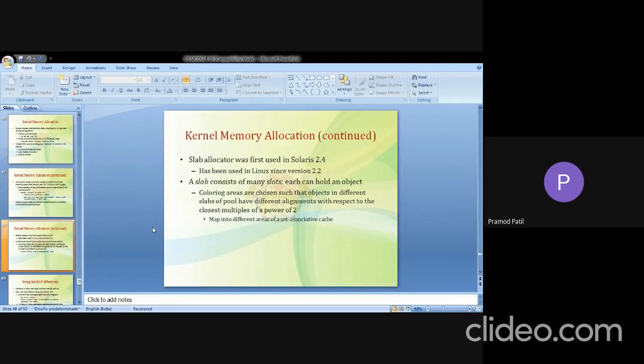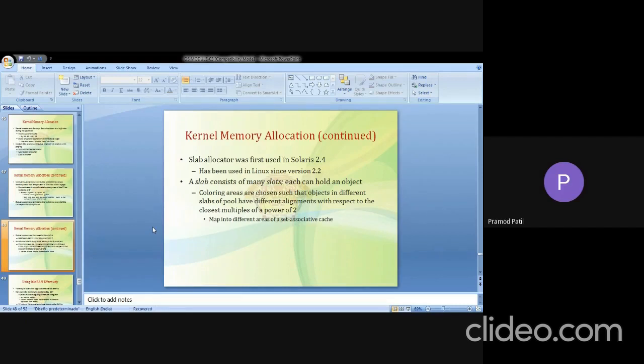So how will the slab allocator work? It works based upon objects. For each slab, for each allocation, it is going to have certain objects. Coloring areas are chosen such that the objects in different slabs of a pool have a different alignment with respect to the closest multiple of power of 2.